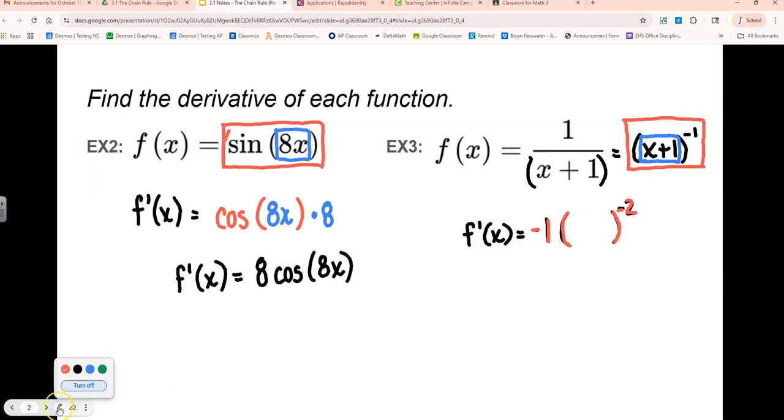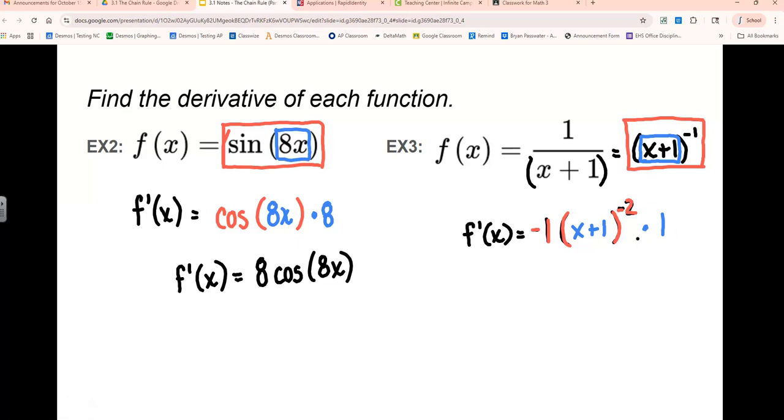And then the blue box stays the same right here. I don't take the derivative of it. Then I've got to multiply that by the derivative of the blue. What is the derivative of x plus 1? It's just 1. I'm going to write the times 1 over here. That's unnecessary, but just for our notes, we can see that something did happen there. We didn't just forget it.